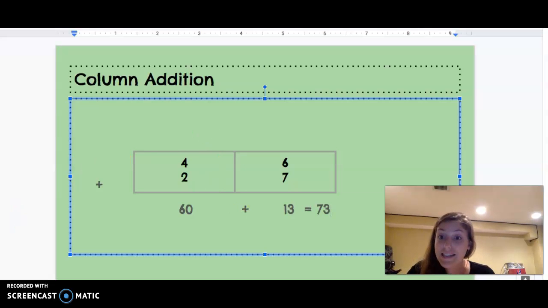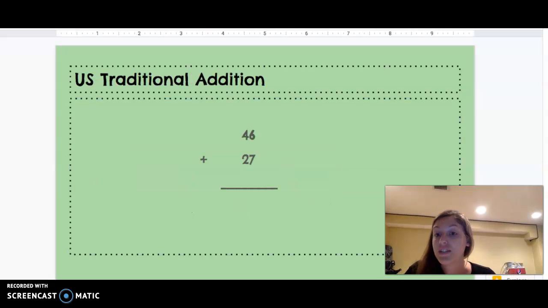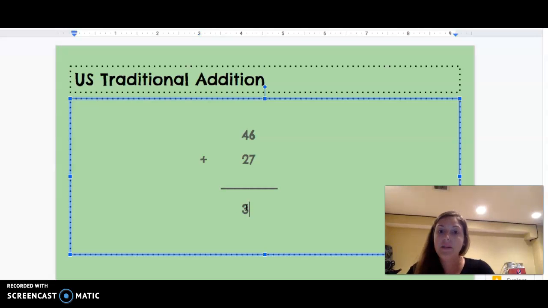But here in the United States, one very common way that friends add is called U.S. traditional addition. When you're solving using U.S. traditional addition, instead of putting the number 13 below the problem, you would do this. I know that 6 plus 7 is 13, but I'm not going to write 13 here. I'm going to write 3 and I'm going to carry up my 1 so that it is in the tens place, because I know a 13 is made up of a 3 and a 10.